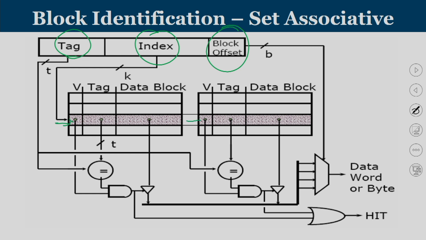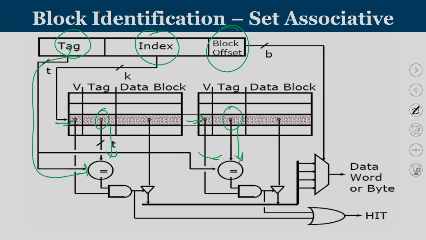This is the first block and this is the second block. In both these blocks, access happens in parallel. Both the tags are extracted, the tag of the first block as well as the second block, and the incoming tag that is coming from the address is compared with the extracted values.